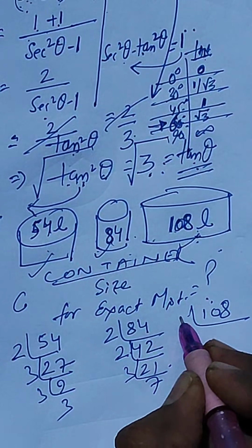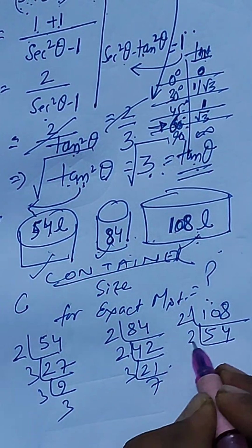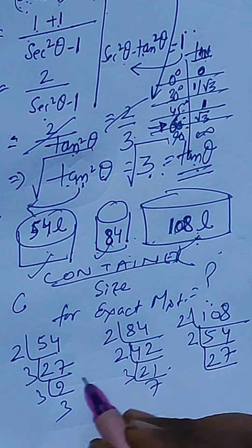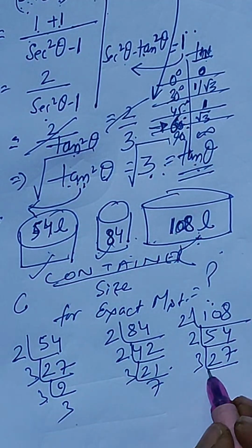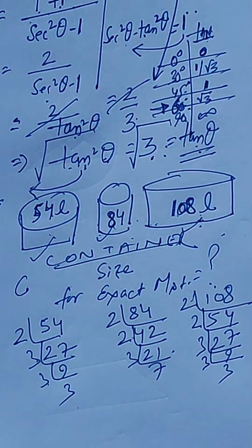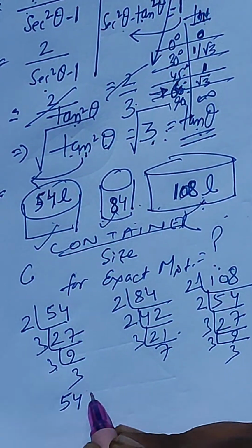For 108, it will be 2, 54, 2, 27, then 3, 3, 3.